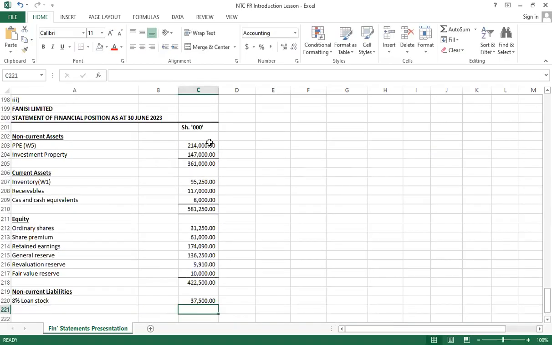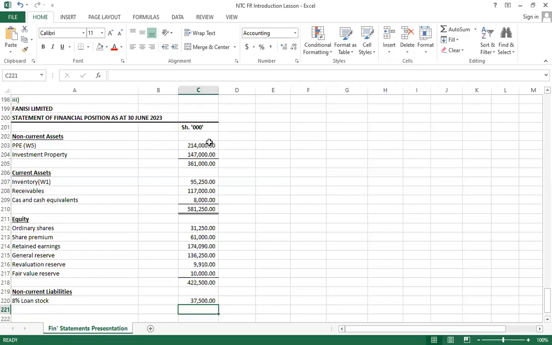We did not have expressly the deferred tax separately, and so we will not have a deferred tax liability under the non-current liabilities. Whenever you have deferred tax, remember it's a long-term liability, and so it should appear here. In our case, we were told about it very vaguely.